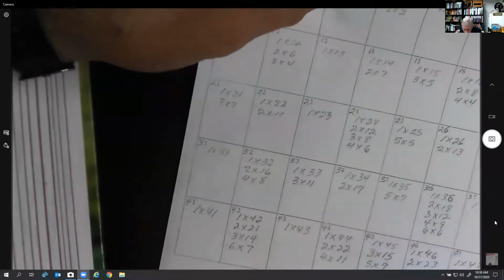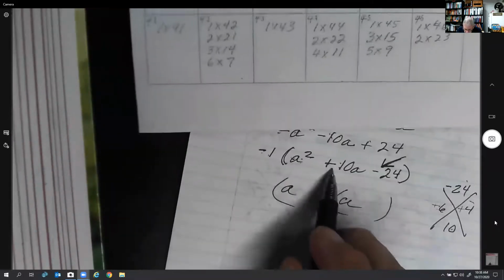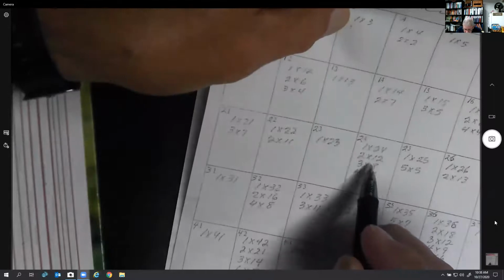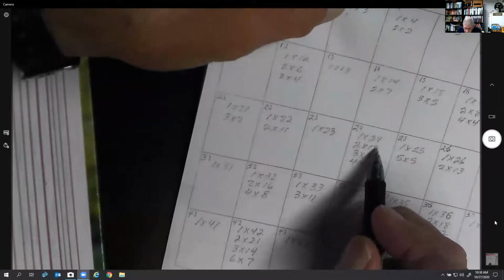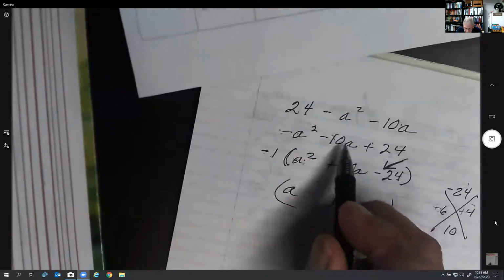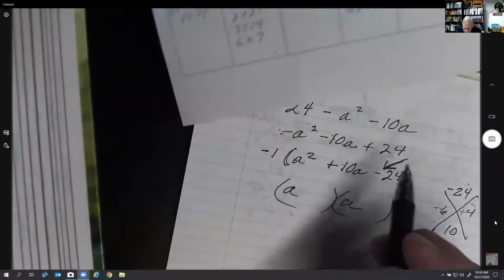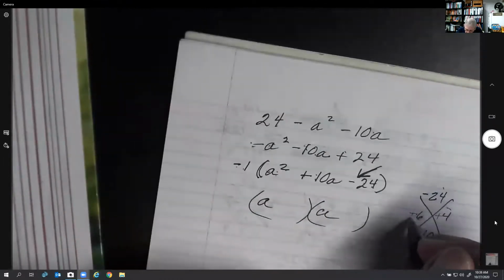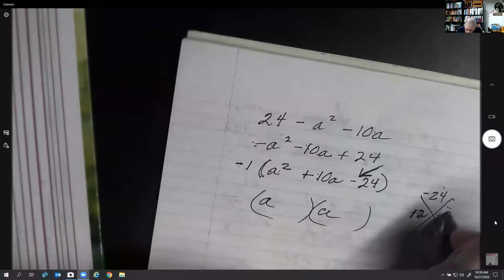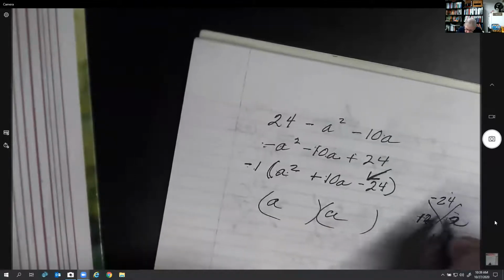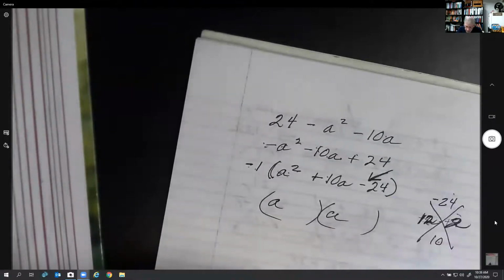So I'm thinking to myself, 6 take away 4 is 2. Now I need a 10. 8 take away 3 is 5. I need a 10. 12 take away 2 is 10. That's what I need. I need a 12 and a 2. It doesn't matter which one you put down first. 12 and 2. This is the combination I'm looking for.